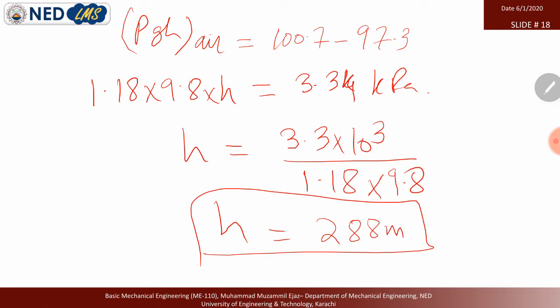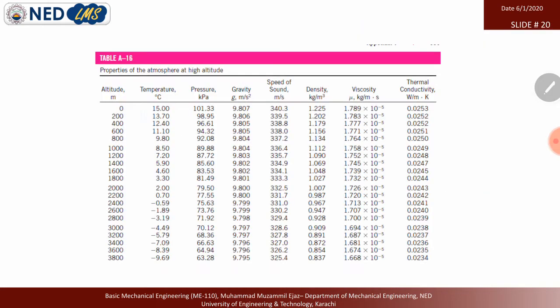Okay, we can get the height of the building by this formulation. Also, the second method I told you is that you can correlate the height with the different pressures by simply calculating the pressure at that height using this graph. But definitely it will not give an accurate reading because there is a difference of 200 in the readings, that is, readings of 0, 200, 400.